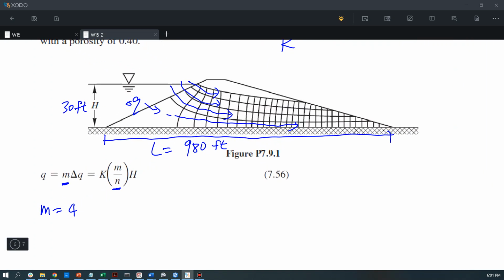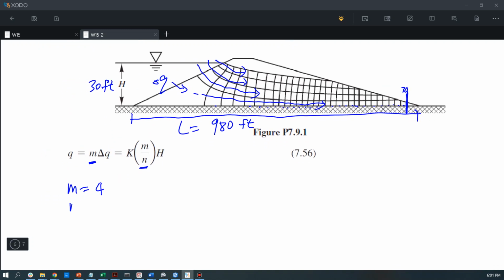So let's count. 1, 2, 3, 4, 5, 6, 7, 8, 9, 10, 11, 12, 13, 14, 15, 16, 17, 18, 19, 20, 21, 22, 23, 24, 25, 26, 27, 28, 29, 30. So till here is 30. So that says this N is 30.